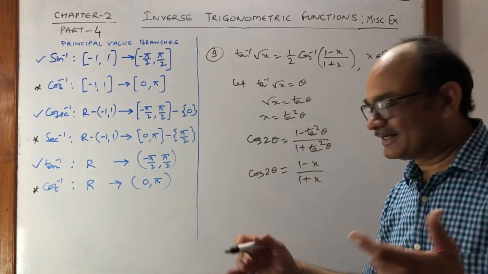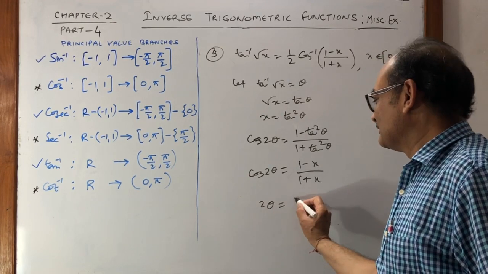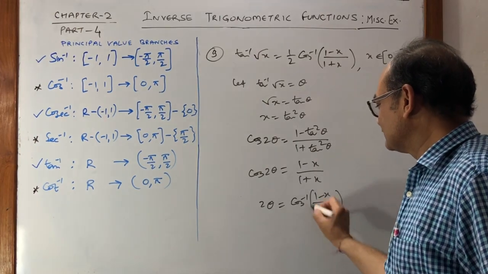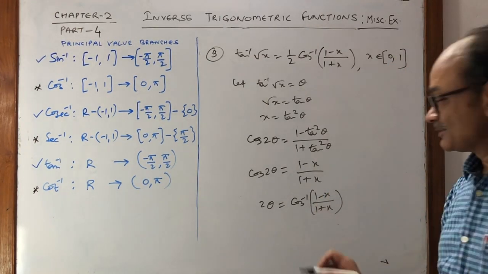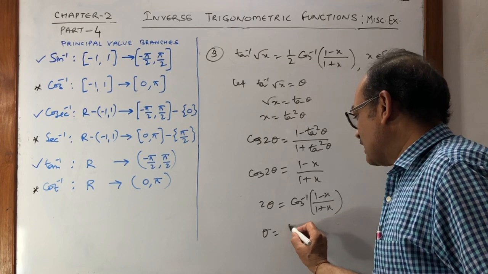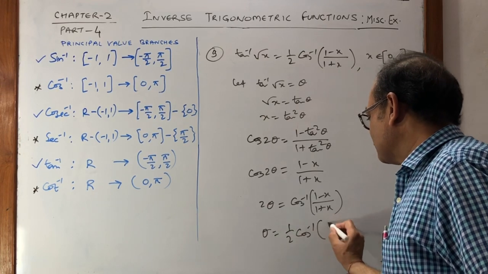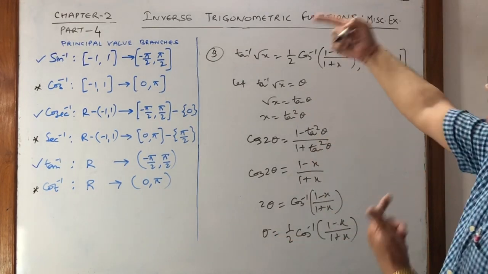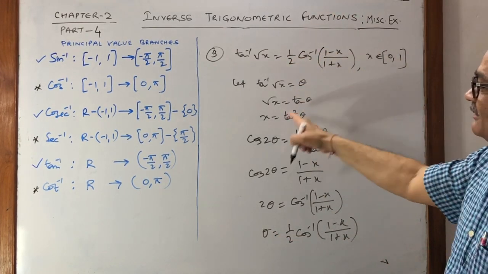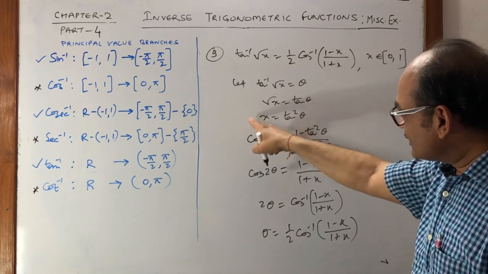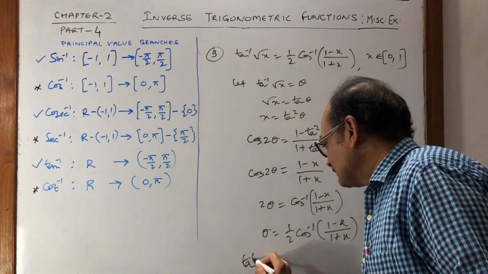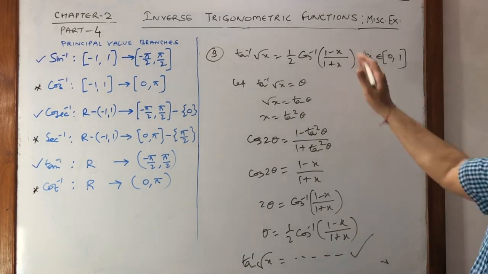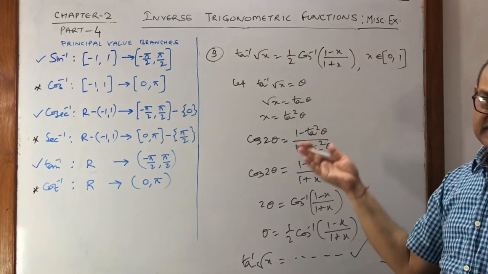So what about 2 theta? 2 theta is cos inverse of 1 minus x over 1 plus x. But we want only theta. So theta equals half cos inverse of 1 minus x over 1 plus x. And what did we assume theta to be? Tan inverse root x. So that is the solution from LHS to RHS.